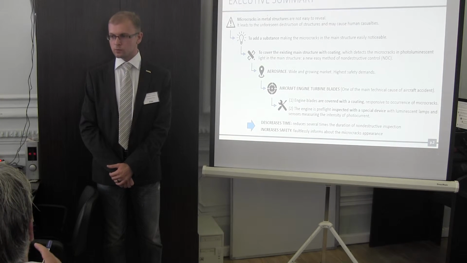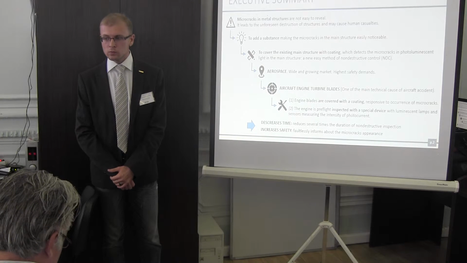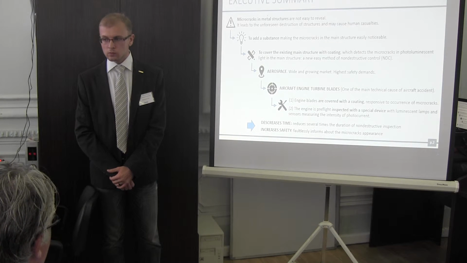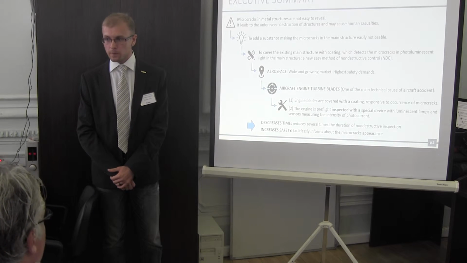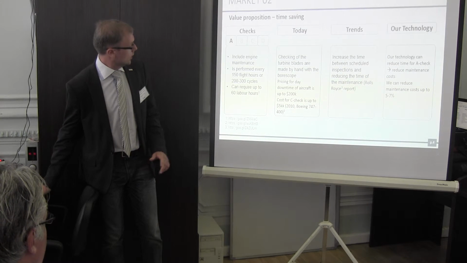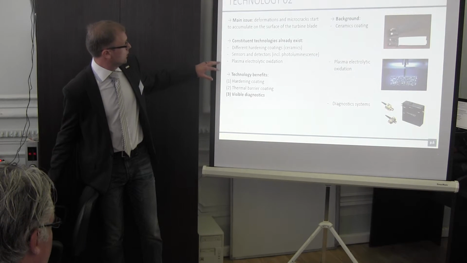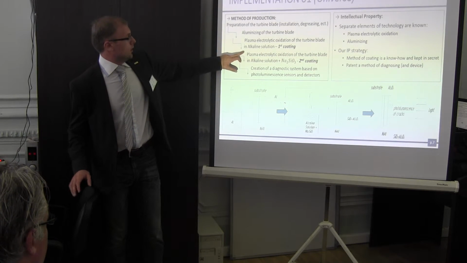That's good. The only other question I had was the mechanism for detecting it. I noticed you had aluminum oxide. So what is the mechanism for seeing that there's a crack there? Yeah, photoluminescence of cracks.